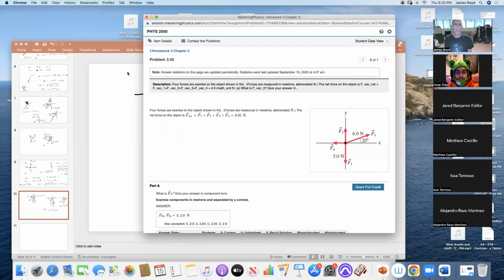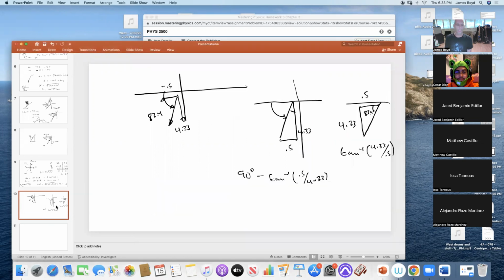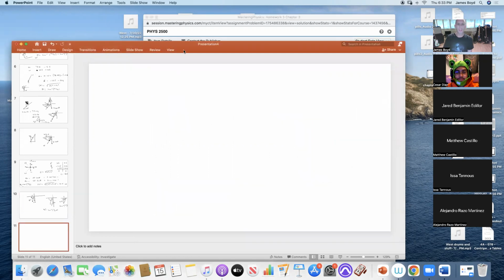This one is kind of the same. The forces are shown. F1 and F2 are given. In fact, F2 is given at 20 degrees. Let's make the components of F2 really fast. F2x and F2y are F2 cosine of the angle and F2 sine.